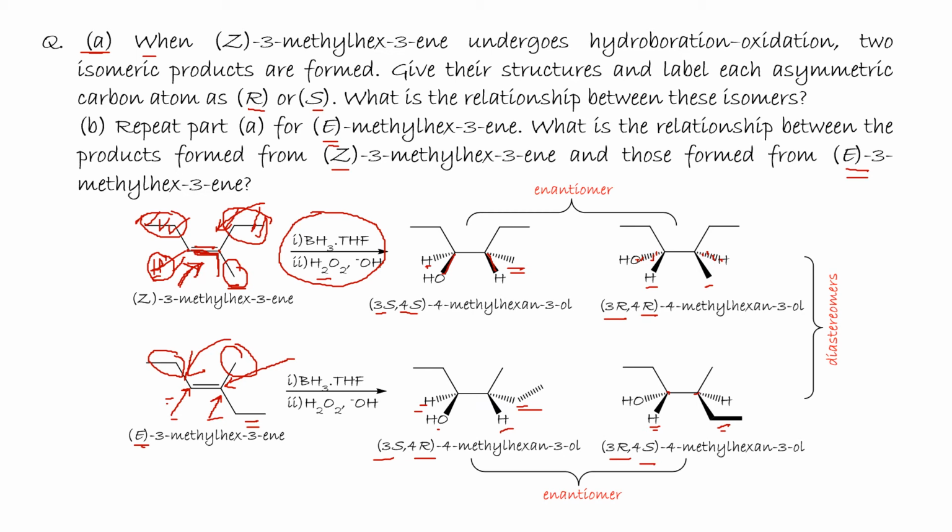The relation between these two is that they are enantiomers, and here again these two are enantiomers, and the relation between any one of up and down is that they are diastereomers. They are not mirror images of one another, while in each case the two products are mirror images of one another, and the product is a racemic mixture, optically inactive.